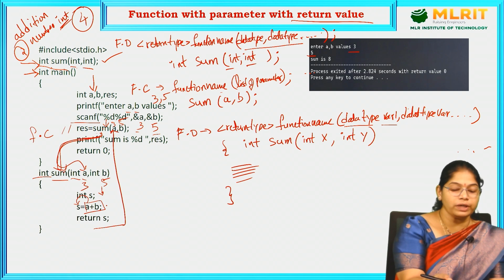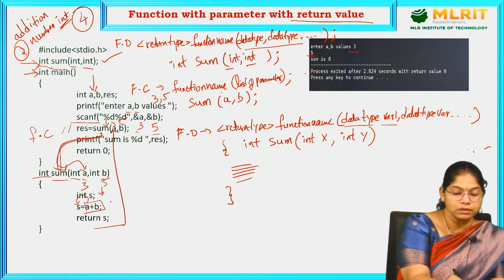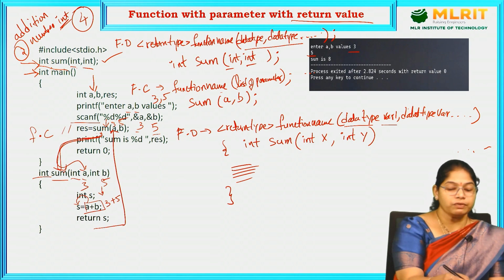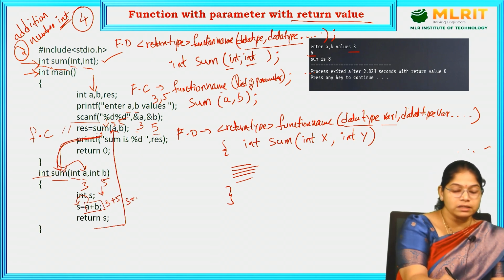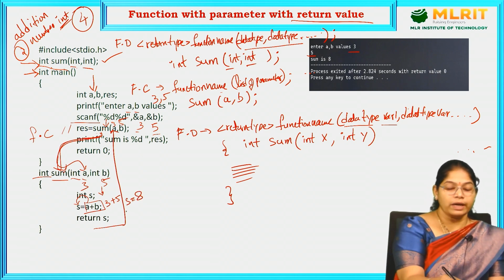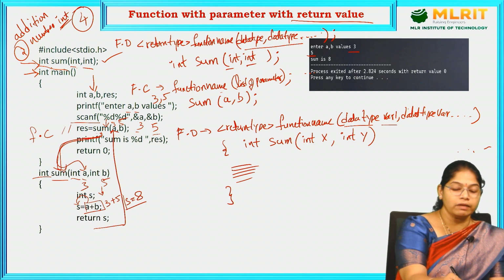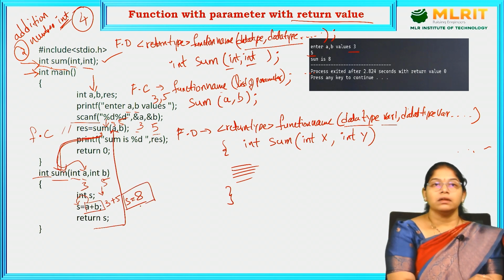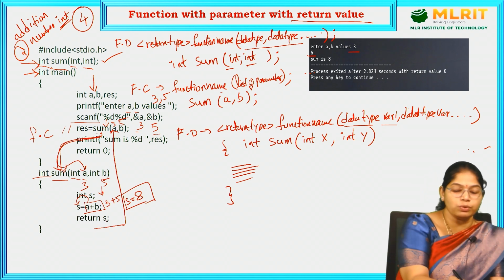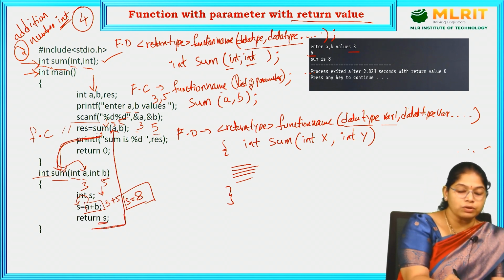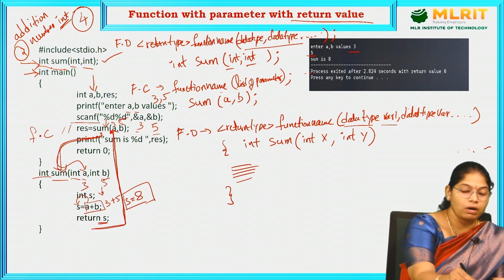S is equal to A plus B, where A value is 3 and B value is 5. 3 plus 5 is 8, then s is equal to 8. So now s is holding the value 8. But here we are writing this with a return value, so it has to return. Where does it have to return? It has to return to the function where it is called.